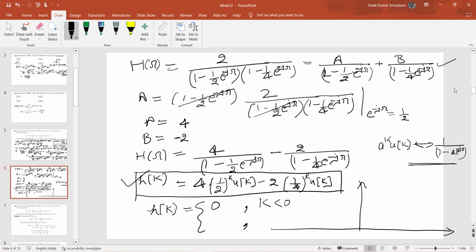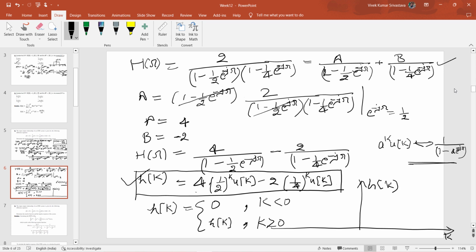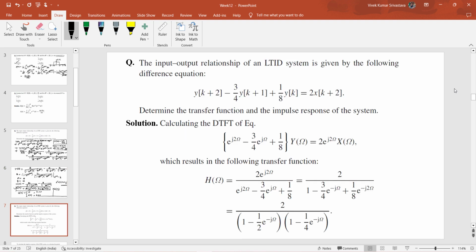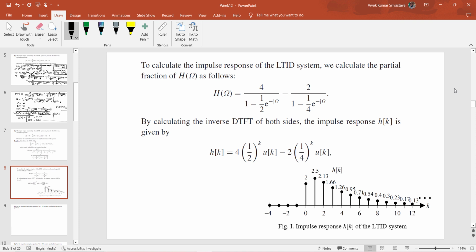Whereas for k greater than or equal to 0, we can determine the value of h of k by using this expression. Now you can put the value of k as 0, 1, 2, 3 and so on, and plot h of k with respect to k. After plotting it, you will get this kind of response.